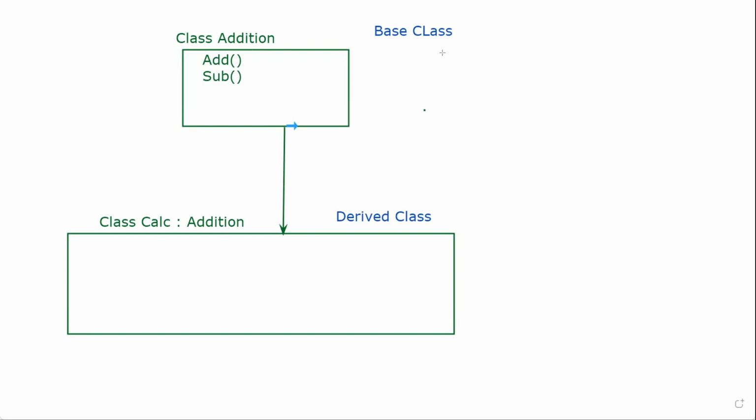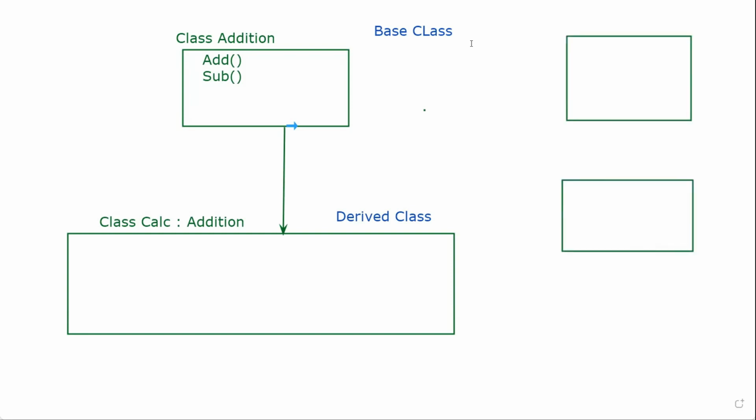Now let's assume I have a class called Swift, which has methods like start and stop. Two functionalities are there. I have one more car, Baleno. Here also I want start and stop, so what I'll do is use inheritance.